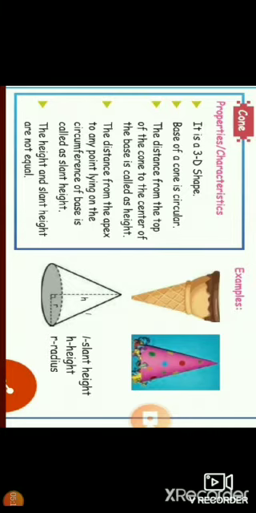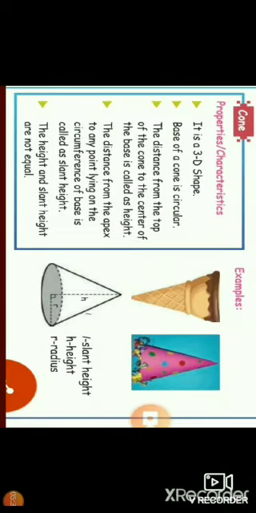Next are the cylinder and cone shapes. Examples of a cone are a birthday cap and an ice cream cone. It is also a 3D shape. The base of a cone is circular. The distance from the top of the cone to the center of the base is called the height, which is marked h in the image.